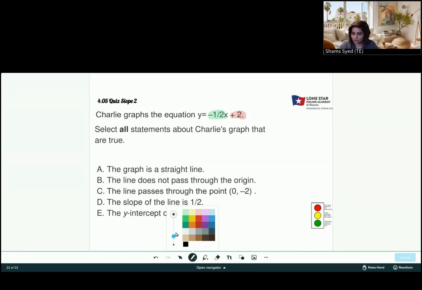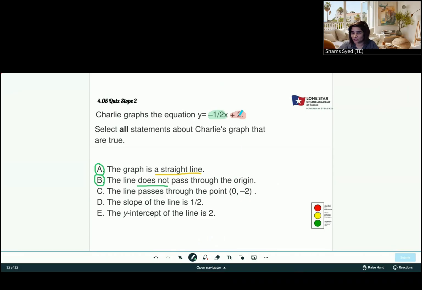Number 1, is it going to create a straight line? Yes, it will create a straight line. Felice, I'm so proud of you. Does the line pass through the origin? No. The statement that the line does not pass through the origin is correct.